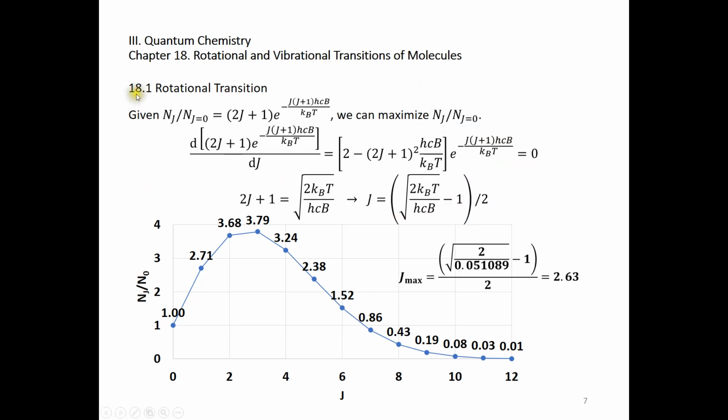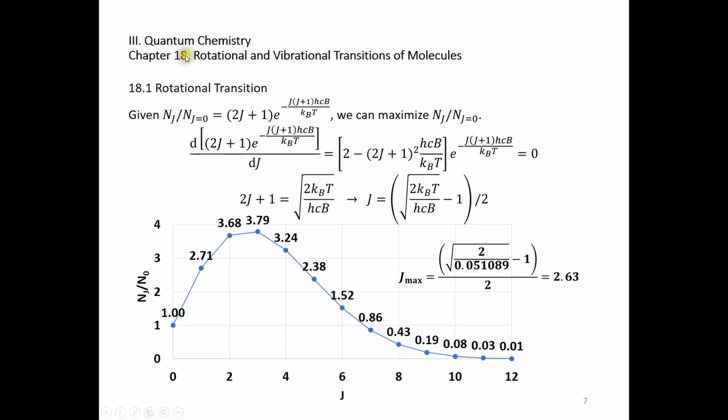Given N sub J over N sub 0 equals 2J plus 1 times e to the power of negative rotational energy over k_B T, we can maximize this function. To maximize or minimize a function, we simply take the first derivative of the function and set the first derivative to 0.